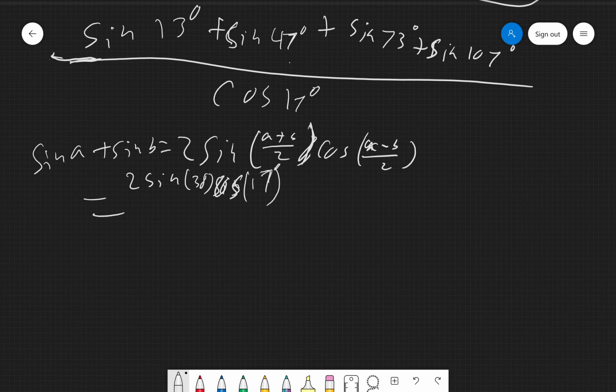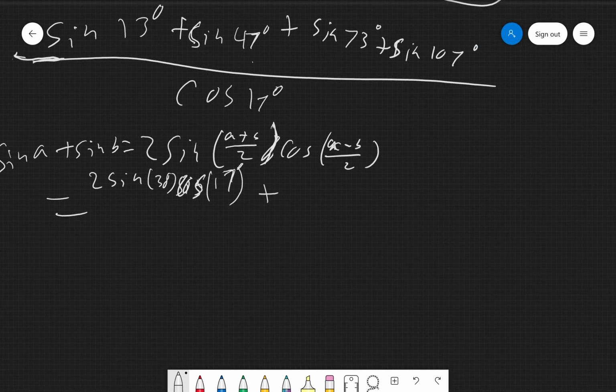Now we do that, plus, now this part is the same thing we do again, and we're gonna get 2 times the sine of 30. Oh, no. Never mind. Oops. That was a mistake. The sine of 90 degrees. Yeah, we add them, 180 over 2 is 90.